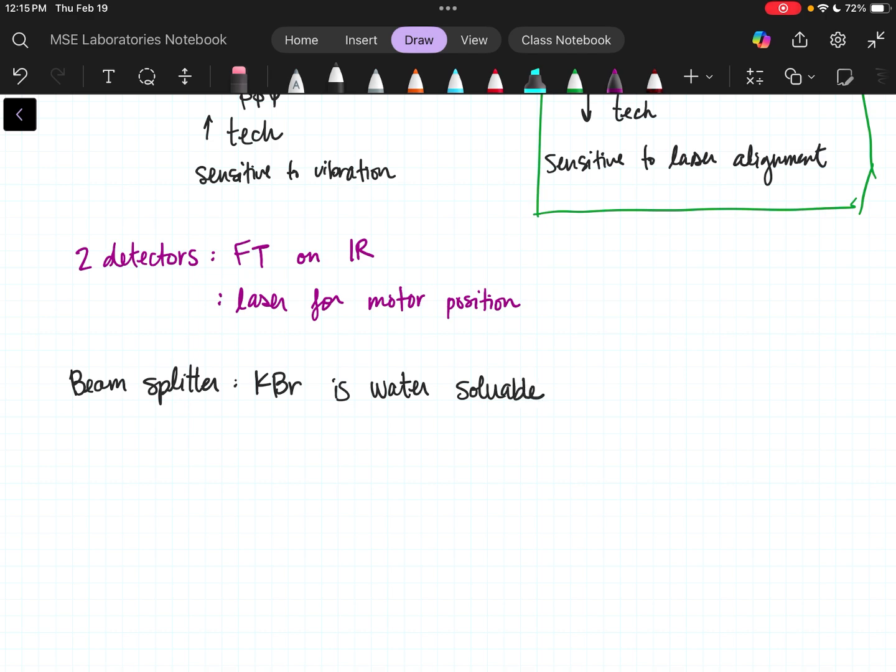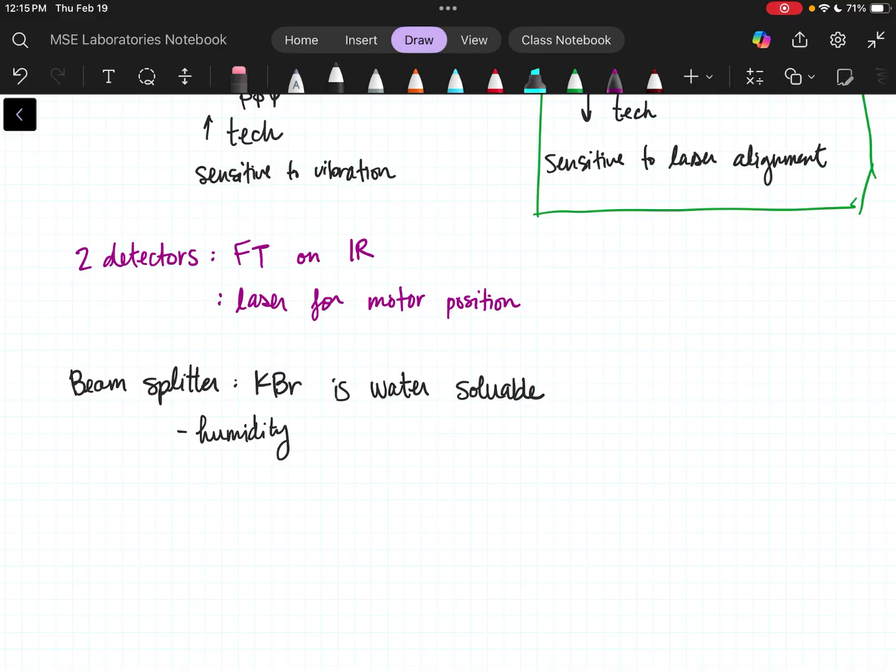And it's kind of see-through and kind of reflective, which makes it a really great beam splitter. The problem is that salt is water soluble. So any humidity or exposure to water is going to dissolve our beam splitter.